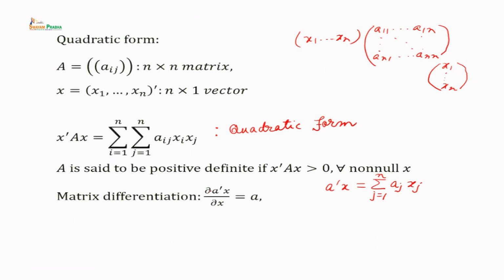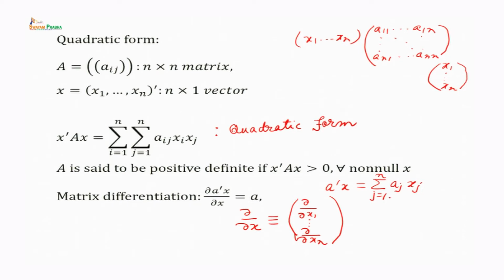Then we differentiate it with respect to vector x. Now, differentiation with respect to x means del over del x 1 up to del over del x n. Actually, you can easily prove this result.